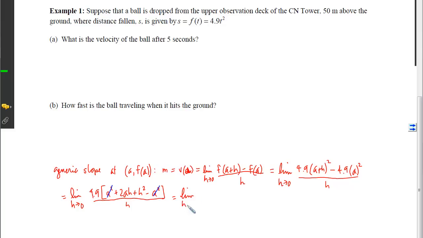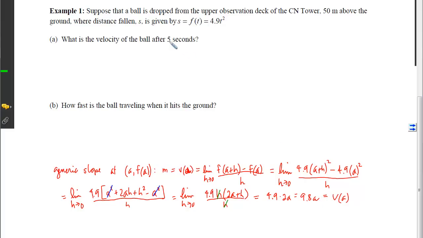So I'll have the limit as h approaches 0 of 4.9. I can pull an h out now, and I'll have 2a plus h remaining over h. Now the h's cancel, and I can compute the limit because h equaling 0 is no longer a problem. And I'll get 4.9 times 2a, or 9.8a. So this now represents the velocity at any time t equals a.